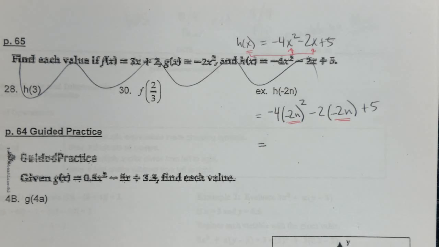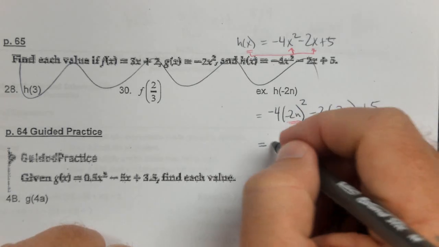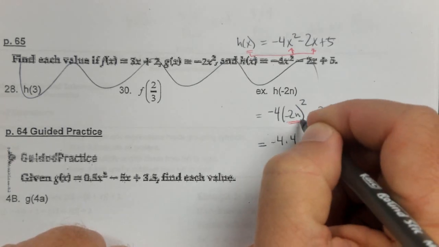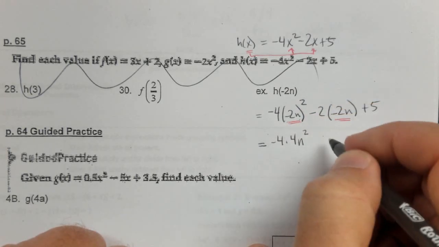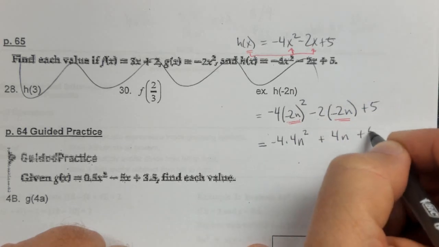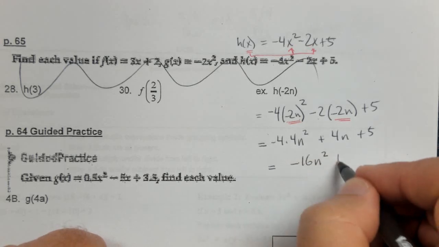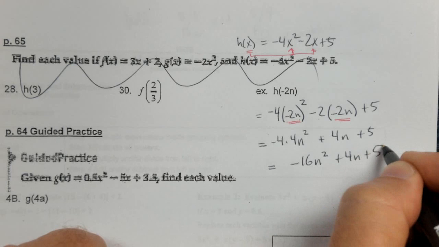And then we need to clean that up a little bit. If I square -2, I get 4, and if I square n, I get n². -2 times -2 would be plus 4n plus 5. So -16n² plus 4n plus 5.